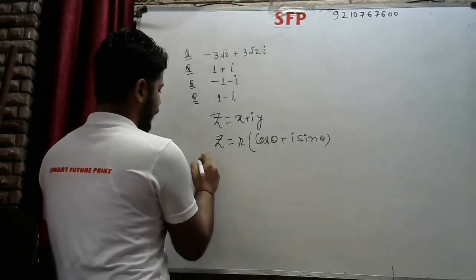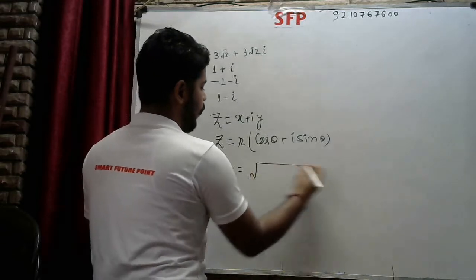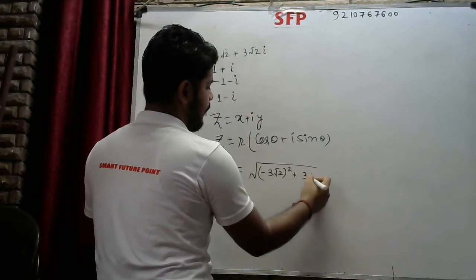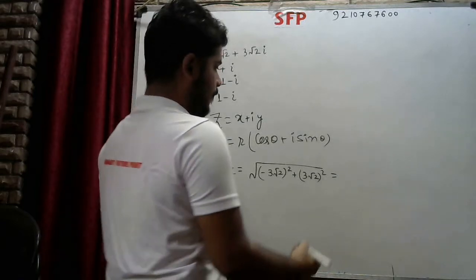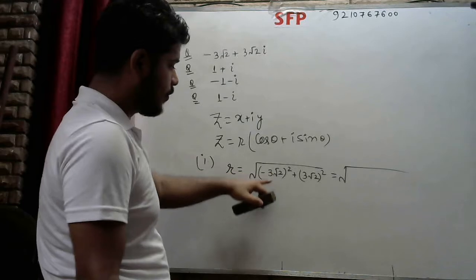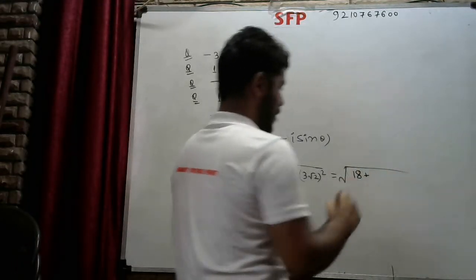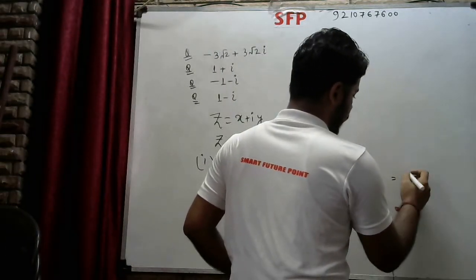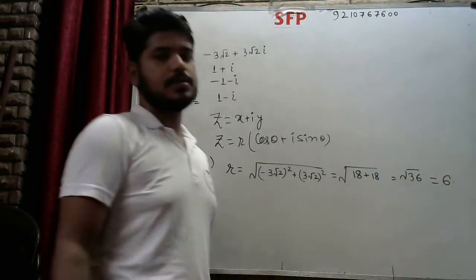First question, where r can be written as under root, this will be square, 9 into 2 is 18, 9 again into 2 is 18. It will be root 36. The answer will be 6.